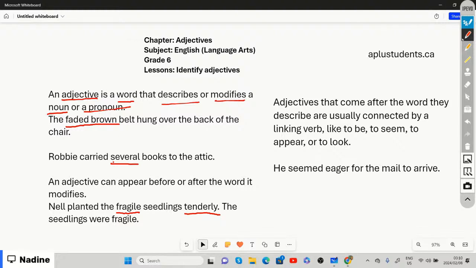You understand? So that is how we can describe or modify either a noun or a pronoun, and we call that an adjective.